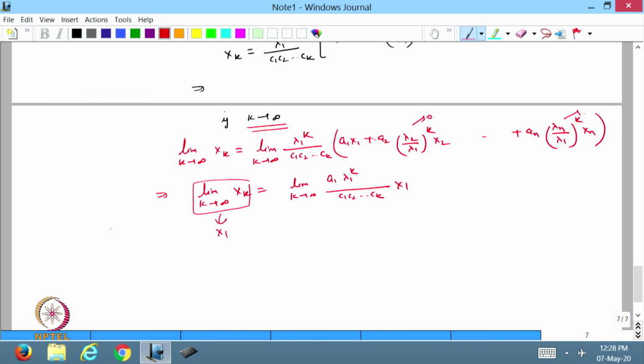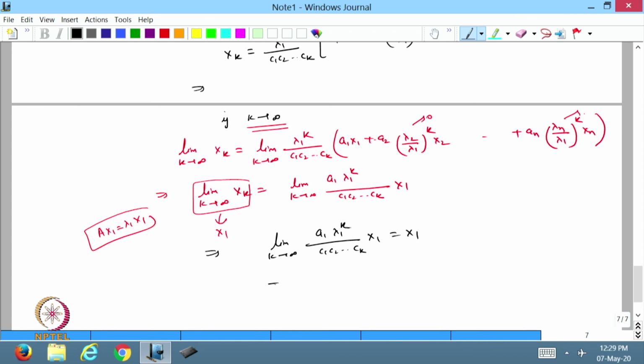because we know that whenever we get A x1 is equal to lambda 1 x1, only then the method will converge. So, this is the same eigenvector. So, this implies that as k tends to infinity, this vector a1 lambda 1 power k c1 c2 up to ck x1 should converge to x1.